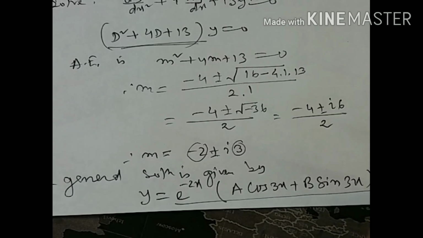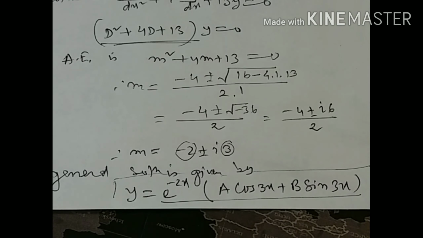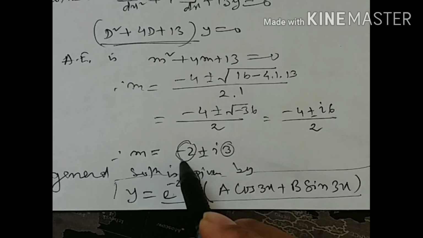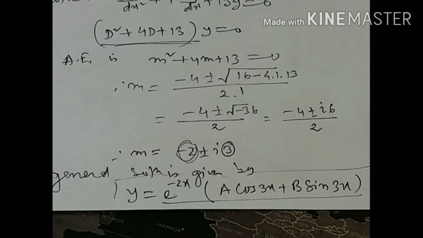So this will be your solution when the roots are imaginary. Alpha means the real part, and beta is your imaginary part. Okay. So these are the three types of solution related to the auxiliary equation. Okay. Thank you.